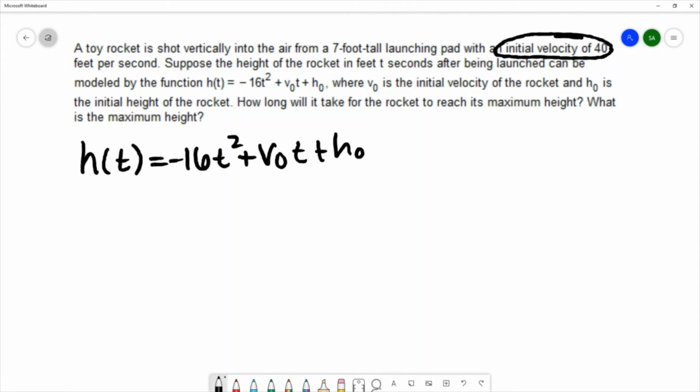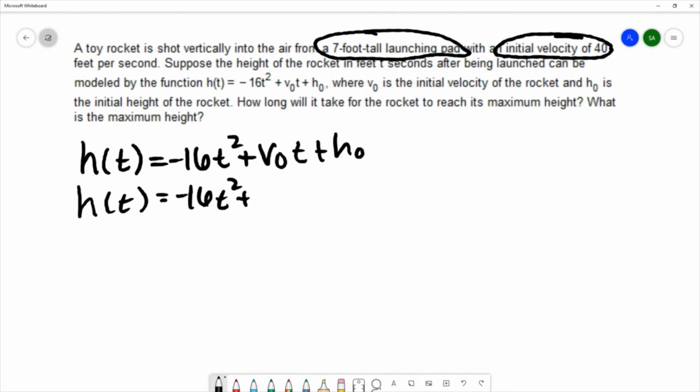And then since we are launching from a 7-foot tall launching pad, we know the initial height of this toy rocket. So we can modify this function to be negative 16t squared plus 40t plus 7.